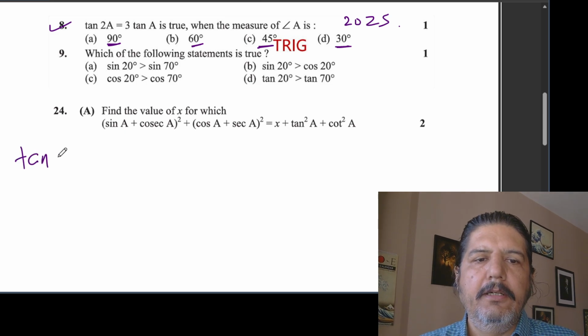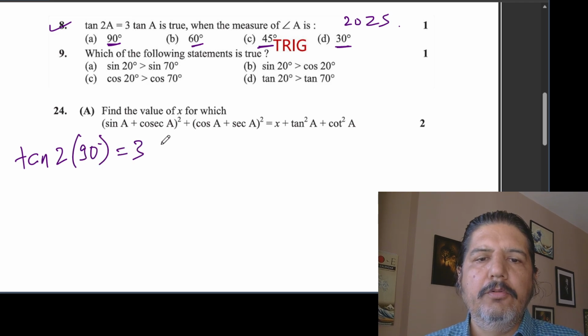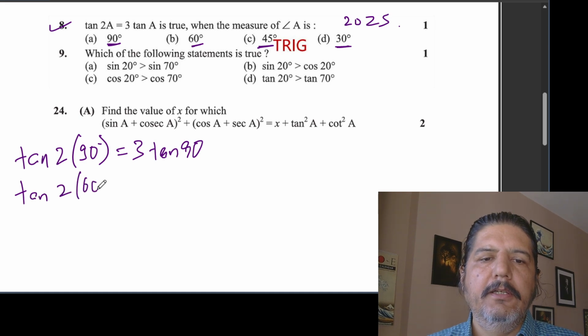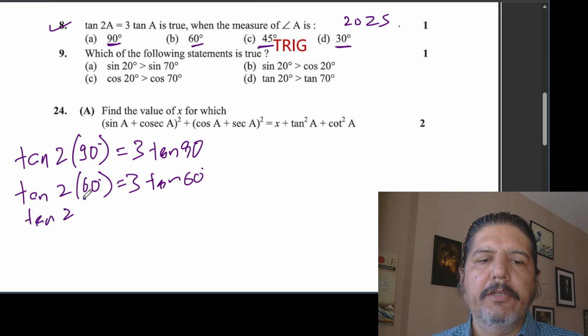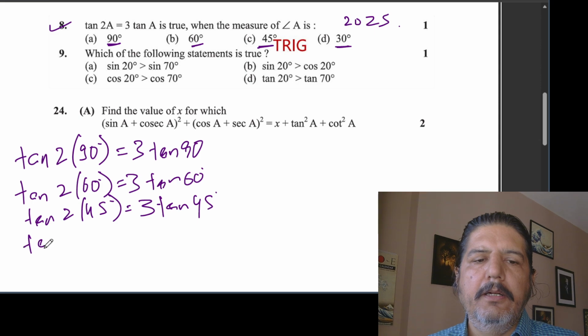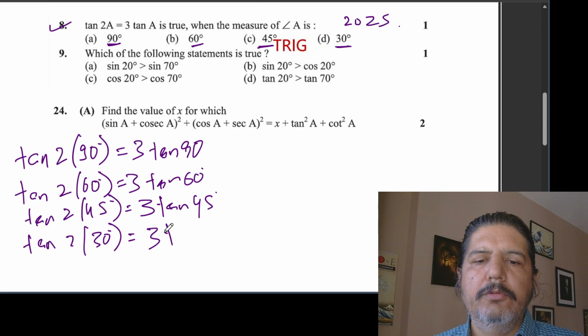Tan 2a implies twice of 90 degrees is equal to 3 tan 90, and twice of 60 degrees is equal to 3 tan 60, and twice of 45 degrees is equal to 3 tan 45 degrees, and tan of twice of 30 degrees is equal to 3 tan 30 degrees.